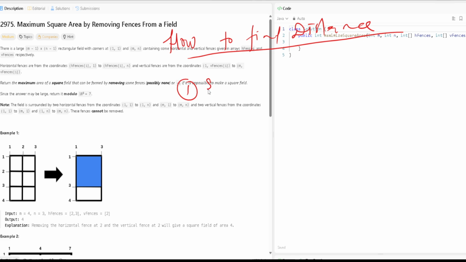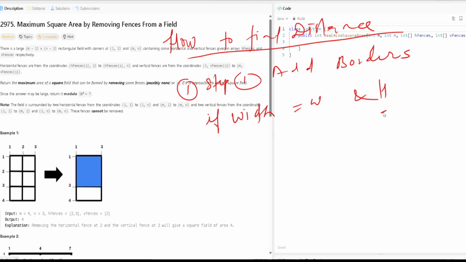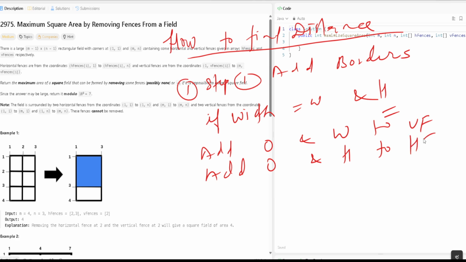In the very first step, what you need to do is add the border. So if we have width, let's suppose called w, and height called h, we will add 0 and w to the vertical fences, and then we will add 0 and h to the horizontal fences.